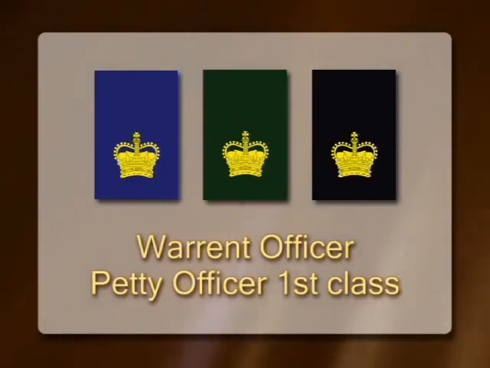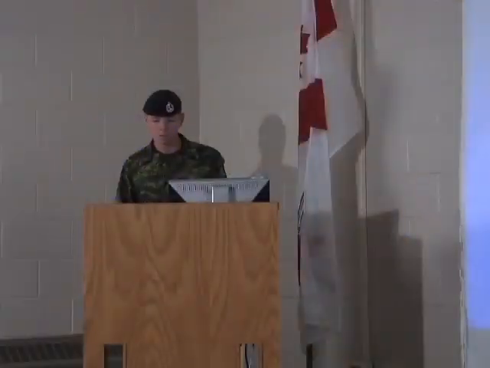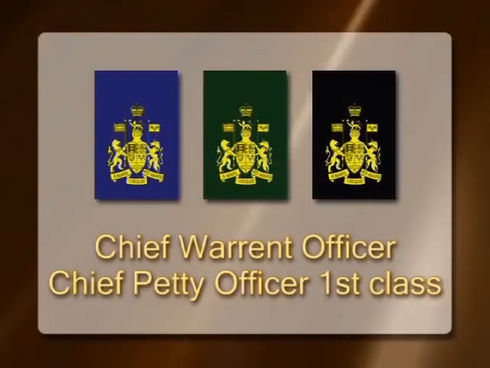It's a single crown as shown there. Next, we have the master warrant officer in the Army and Air Force and a chief petty officer second class in the Navy. And it's a crown with a wreath. And finally, the chief warrant officer in the Army and Air Force and chief petty officer first class in the Navy, as shown.